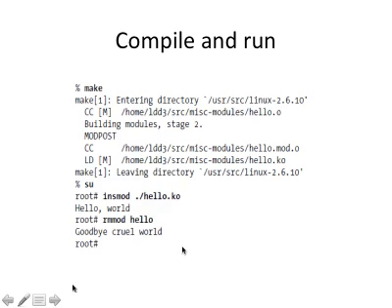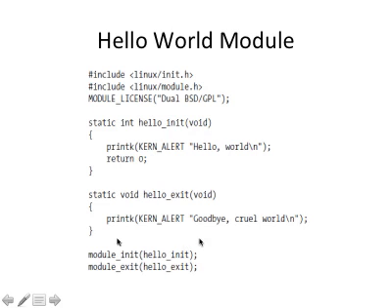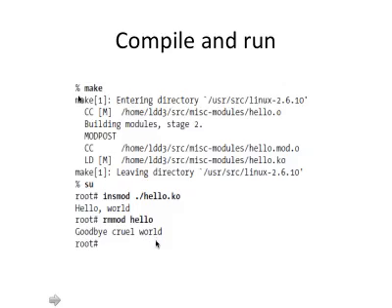Now note that in this case, you do not use the suffix .ko anymore. That's going to print the other message which we asked it to do in the hello exit function. Why don't we use the .ko? Remove module actually uses the name of the module.